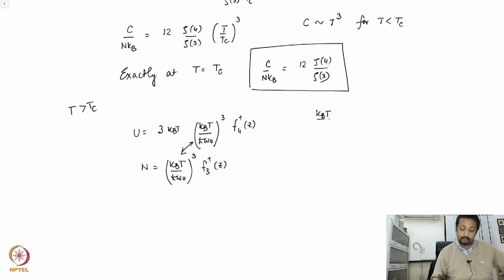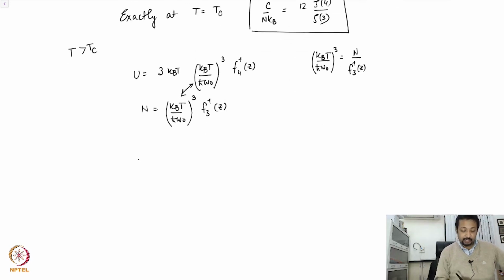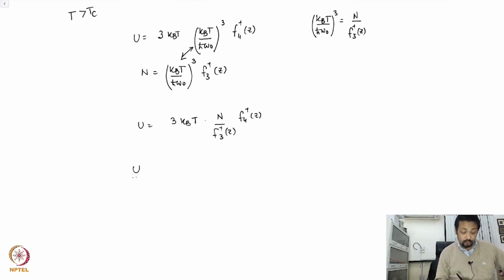So I can write down kBT over h bar omega naught whole cube as N over F3 plus of Z. And I have the expression U is equal to 3 kBT times N over F3 plus of Z times F4 plus of Z. Therefore, U over NkB is going to be 3T times F4 plus of Z over F3 plus of Z.